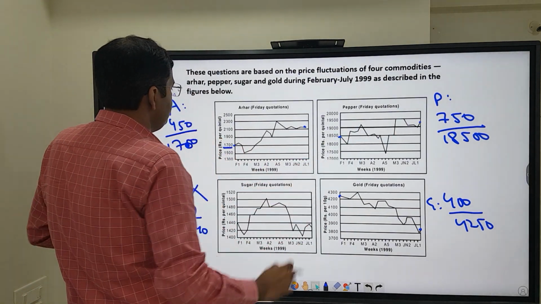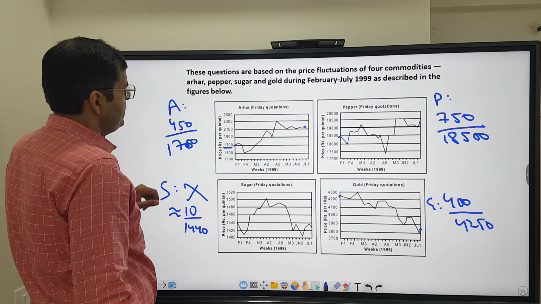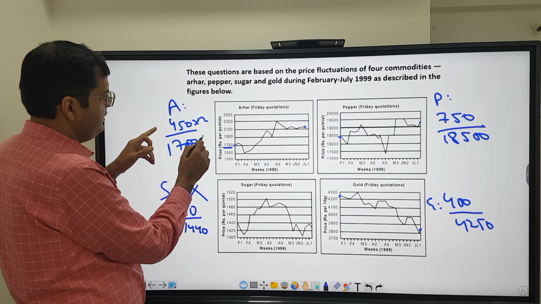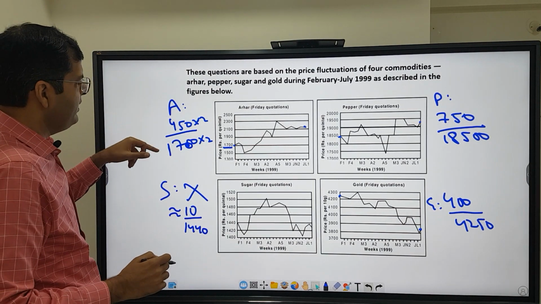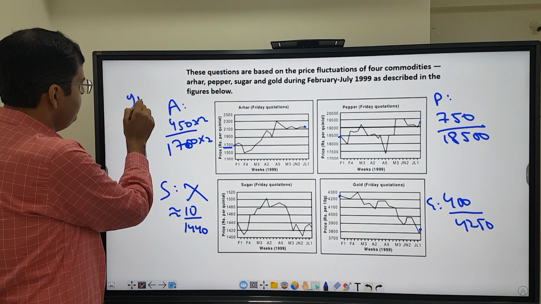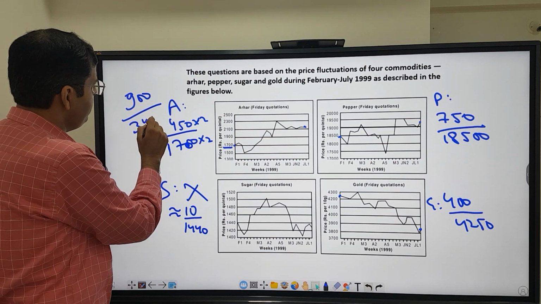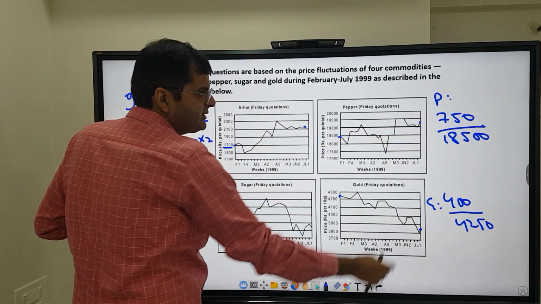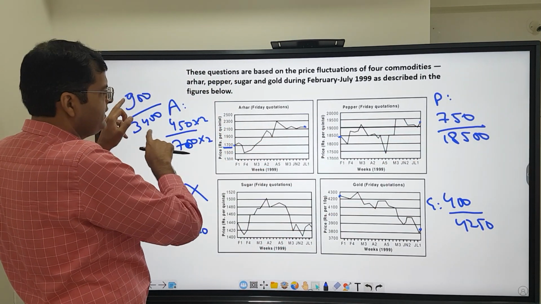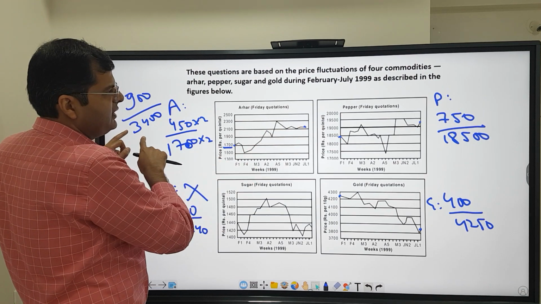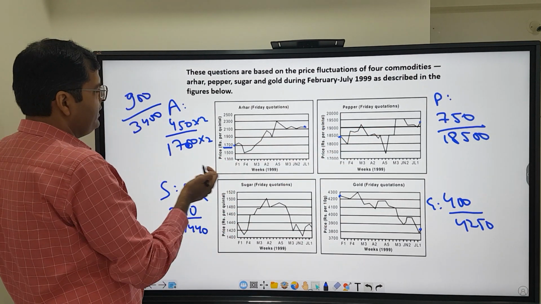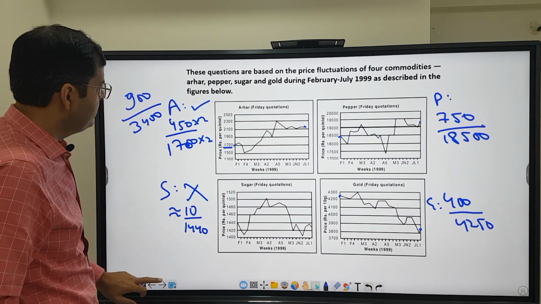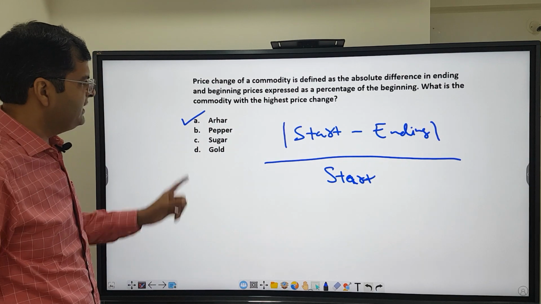Now for pepper and Arhar, if you multiply the numerator and denominator in Arhar by 2, it becomes 900 by 3400. 900 is greater than 750, so the numerator is more and the denominator is less again; 3400 is much less than 18,500. So Arhar is the highest. A is the highest among all of them, and that's the answer option here.